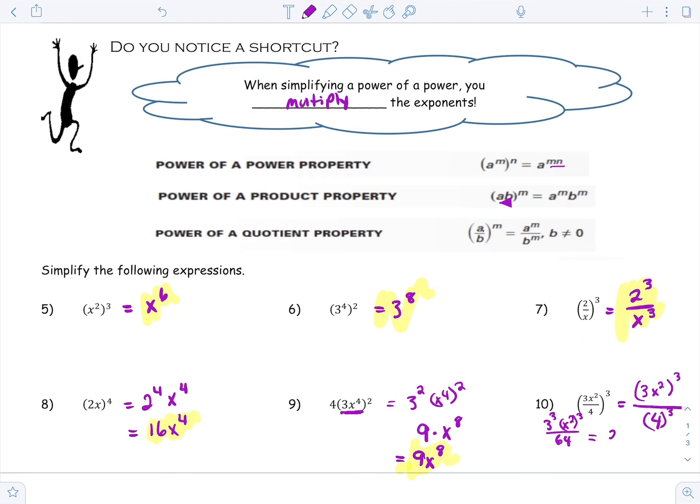We're almost done. 3 cubed is just 27. And then x squared raised to the third power, we're going to use the power of a power rule and multiply 2 times 3, which is 6. So this is 27x to the 6 over 64. Now that's our final answer.